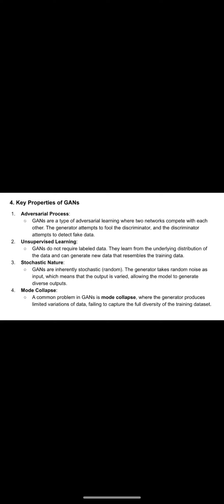The generator takes random noise as input, which means that the output is varied, allowing the model to generate diverse outputs. Last one is mode collapse. A common problem in GANs is mode collapse, where the generator produces limited variations of data, failing to capture the full diversity of the training dataset.